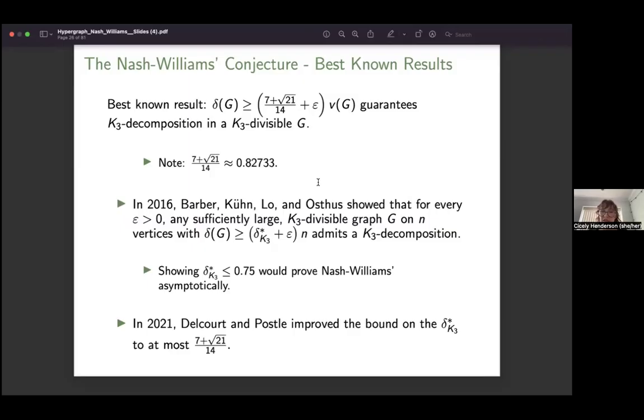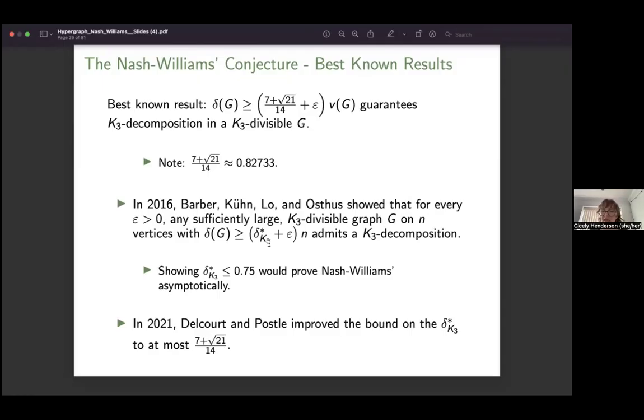First, in 2016, Barber, Kühn, Lowe, and Osthus showed that for every epsilon, any sufficiently large K3 divisible graph G on n vertices with minimum degree at least the fractional threshold plus epsilon admits a K3 decomposition.